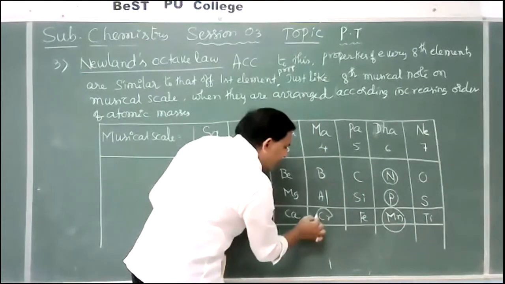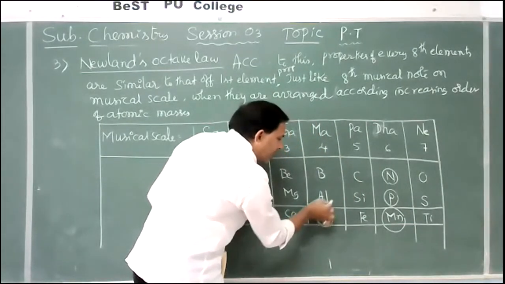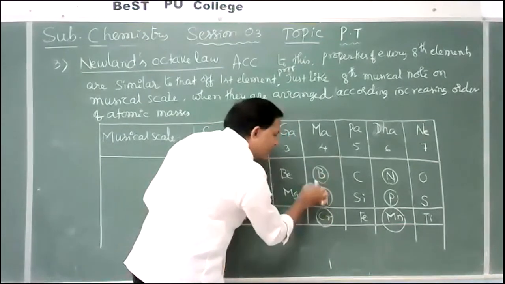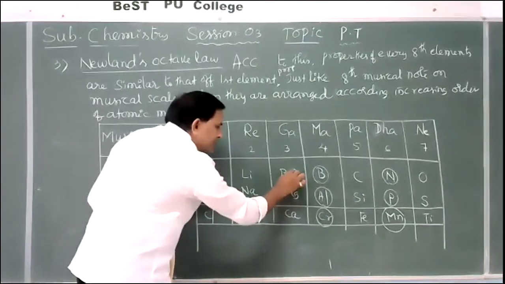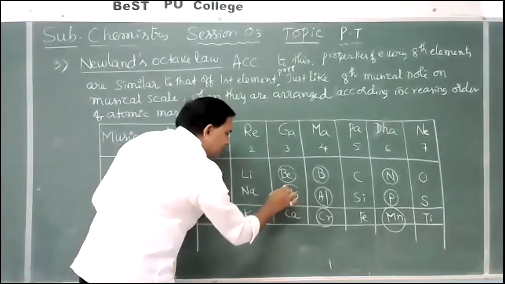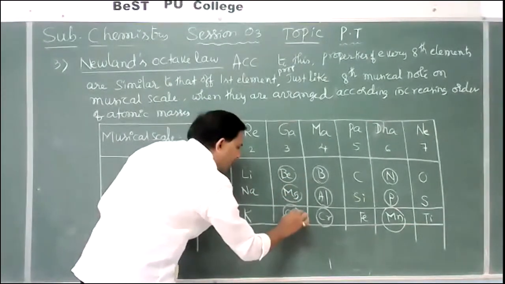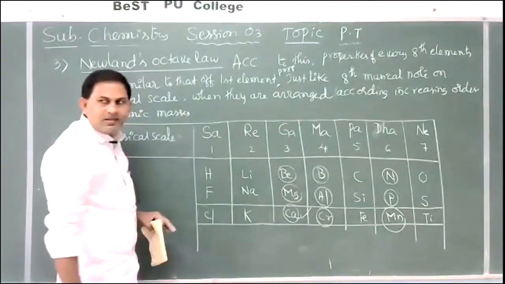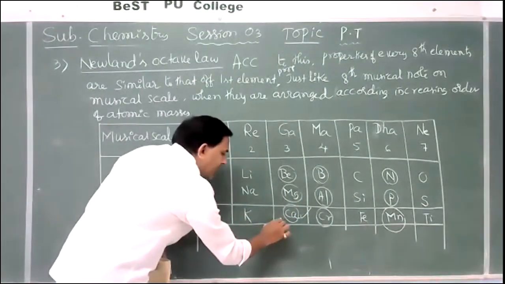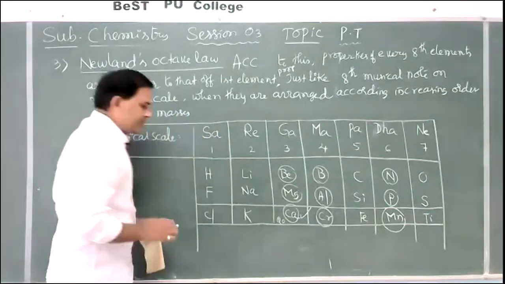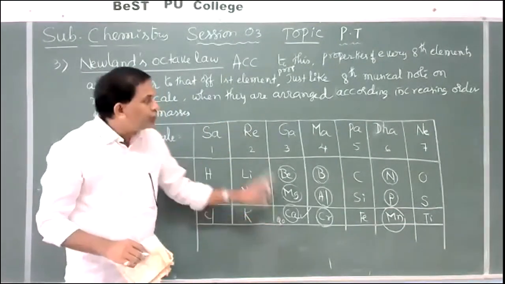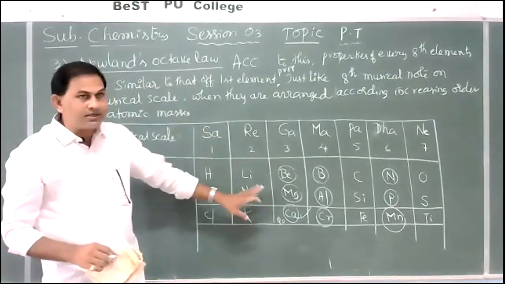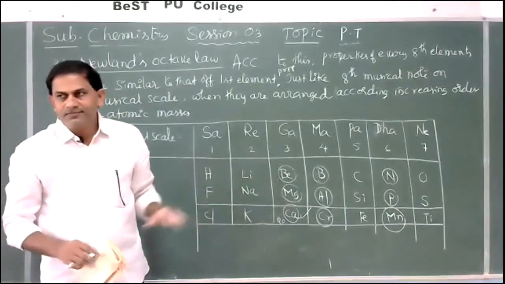The properties of chromium are not similar to aluminium and boron. But the properties of beryllium, magnesium, calcium are similar. That's why this holds up to atomic number 20. After atomic number 20, Newlands failed to explain the classification of elements.